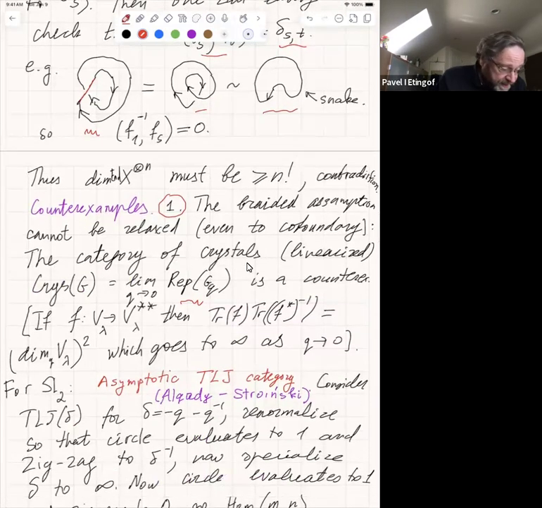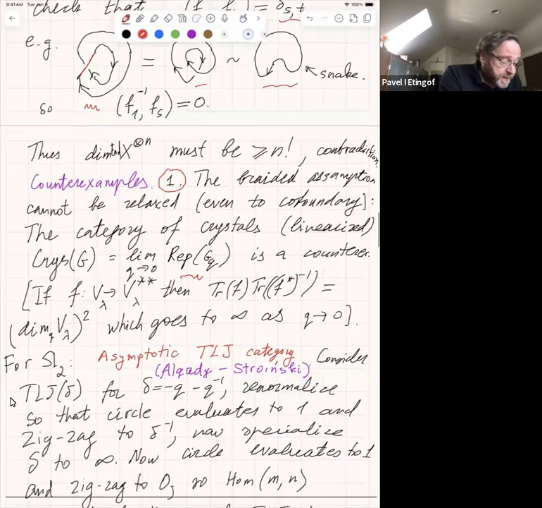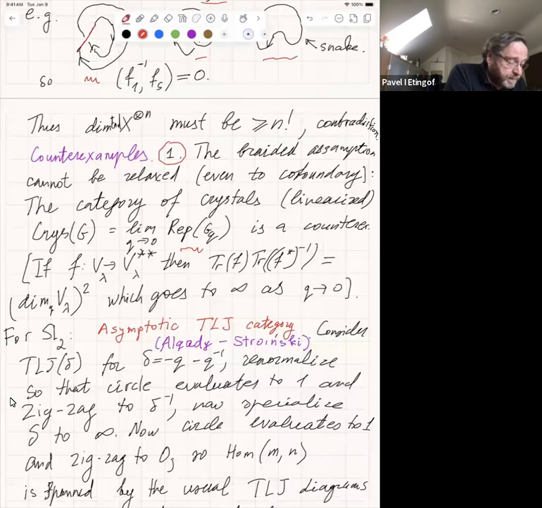In the case when the group is SL2, this can be made especially explicit. This is done in detail in the work of Alkadi and Stroinsky, and this is the so-called asymptotic Temperley-Lieb-Jones category. We can consider the Temperley-Lieb-Jones category TLJ of delta, and take delta equal to minus Q inverse as usual.